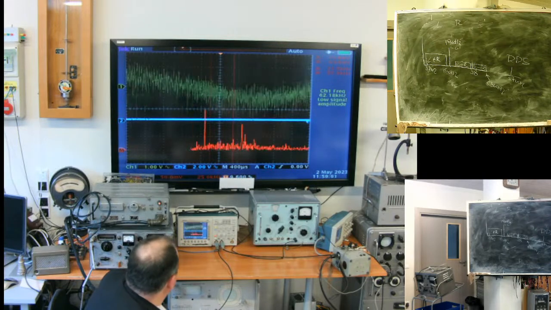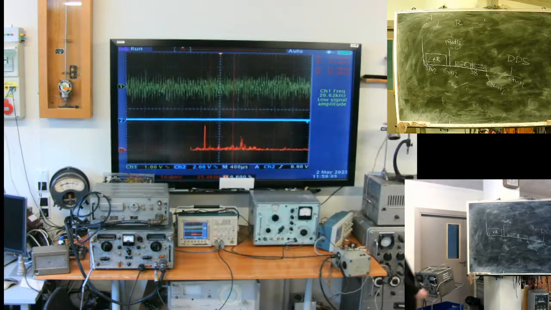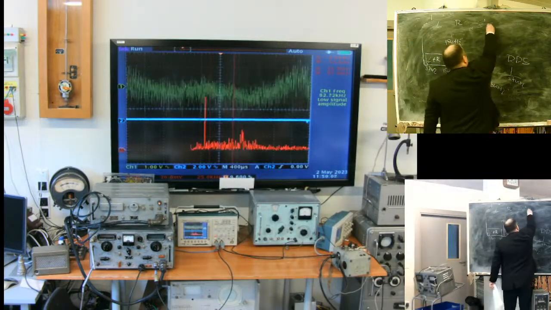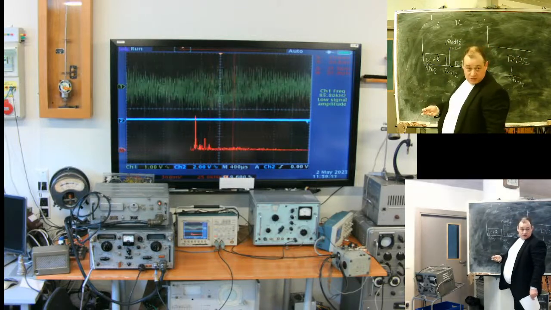Okay, key idea. Time is running out. Key idea: with FM, first, we can transfer a spectrum.